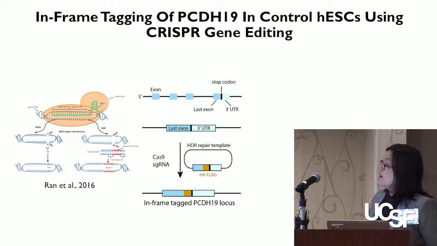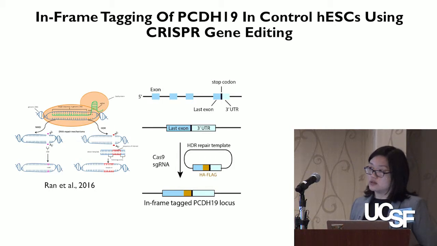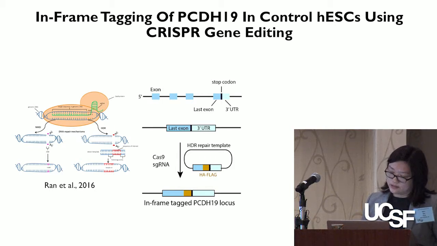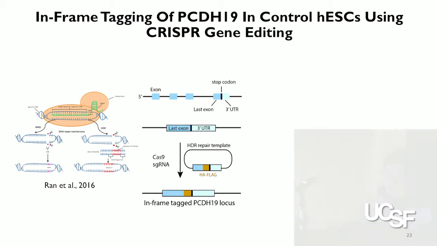Further illustrating, this is how we designed our in-frame tagging of PCDH19. In the last coding exon, the black is the stop codon. We try to put in an HA FLAG tag before the stop codon, and also in frame, so we won't introduce any artifact overexpression. At the C terminus, the last codon is intracellular, so we can track PCDH19's expression pattern.